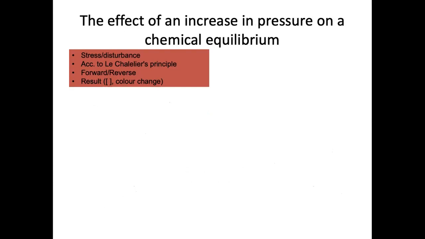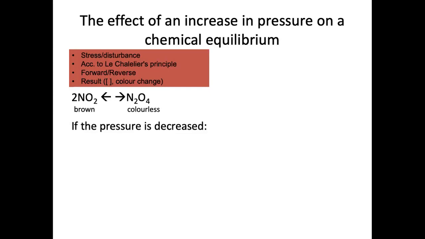All right. Now, if we take the last case, pressure, the effect of an increase in pressure on a chemical equilibrium, this only affects gases, right? So when we say NO2 and N2O4, we're talking about them as gases in an equilibrium. They told you the color of NO2 is brown and the color of N2O4 is colorless.